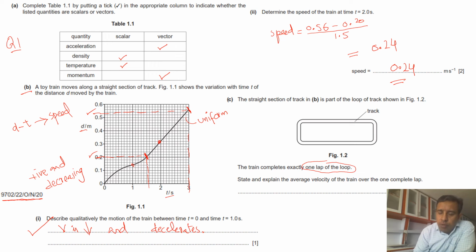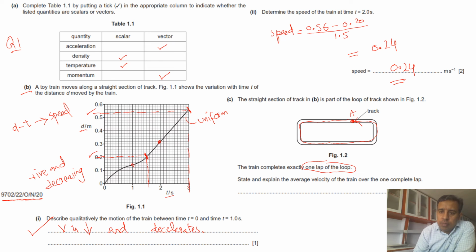You know that the average velocity is the total displacement over total time. Suppose the train starts from point A, and after one complete lap, it comes to point A again. So the total displacement is 0.